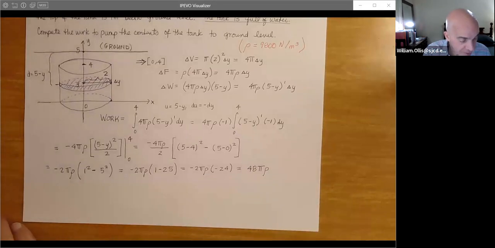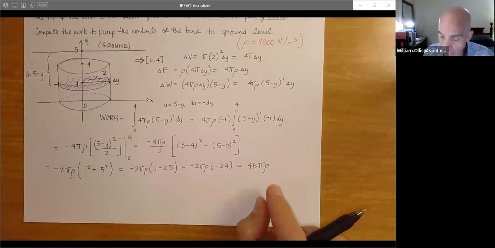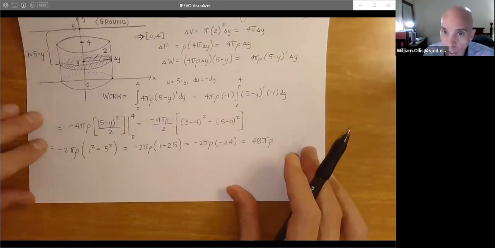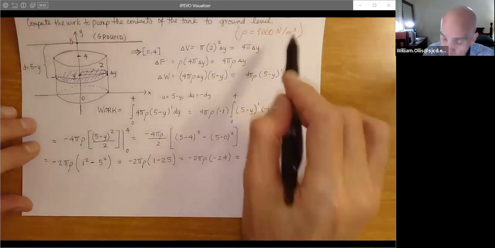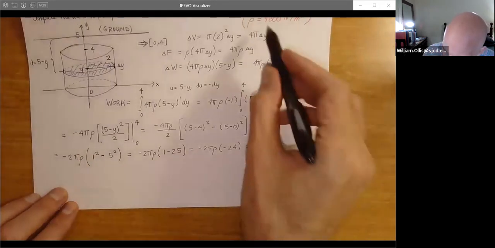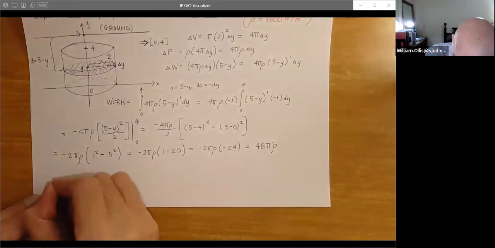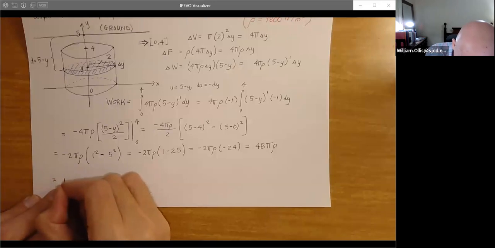Now, at this point, we can use the same technique that we used for the last problem, which is to substitute the value for the weight density, so to speak, in the MKS units. That's a nice number, so we'll go ahead and break this up. First, we'll put the pi on the outside.